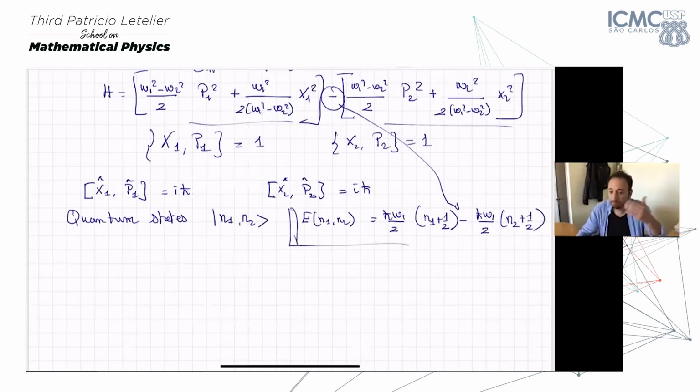So at the quantum level, we have two harmonic oscillators. Again, they are decoupled, but with n1 and n2 which are positive, which are integers. And what we see is that there is no ground state.